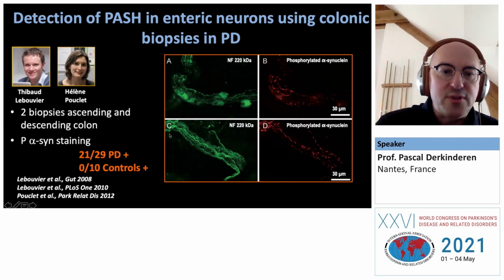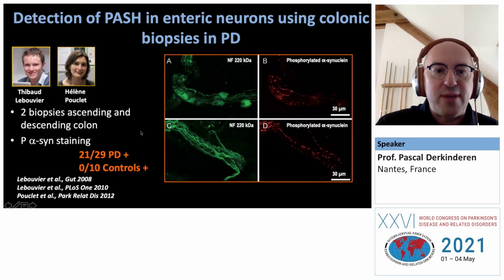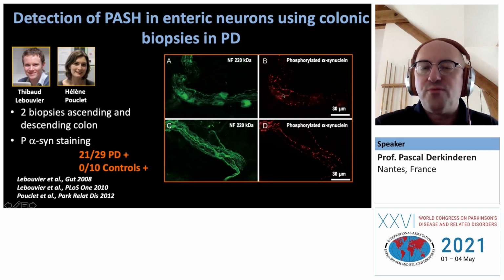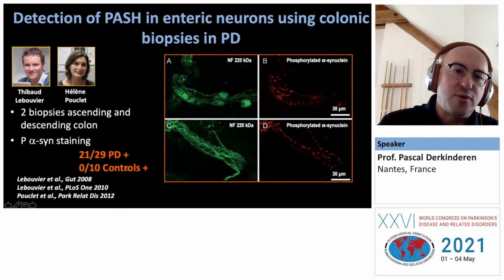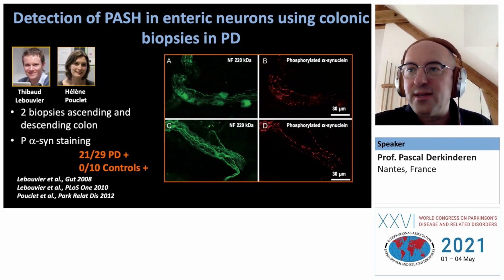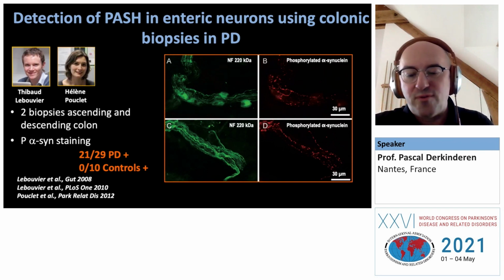When we used such an approach in PD patients, you see that in 29 PD patients, we were able to detect phospho-alpha-synuclein PASH histopathology in 21 out of 29 PD patients. It was quite specific because it was not observed in controls. And we confirmed these findings in subsequent studies from the lab.